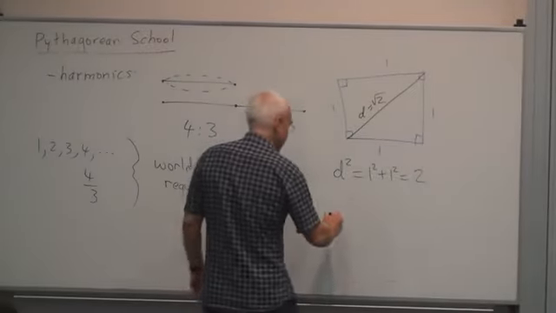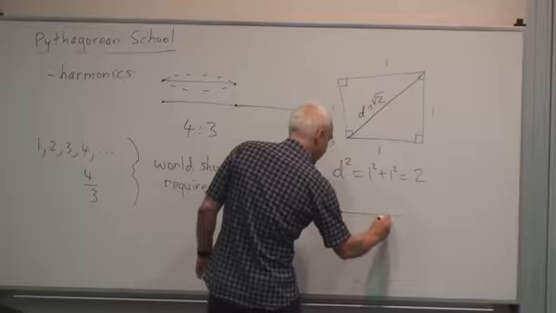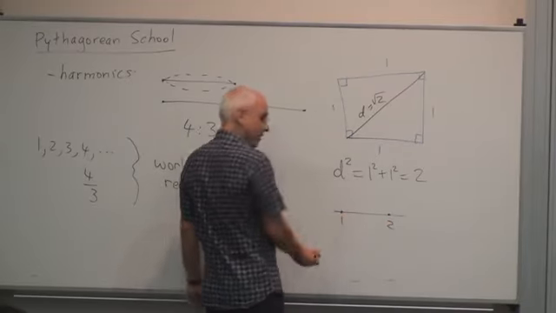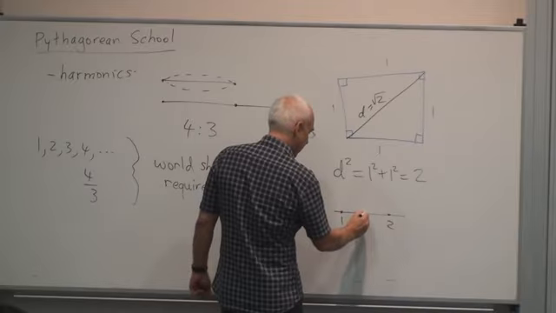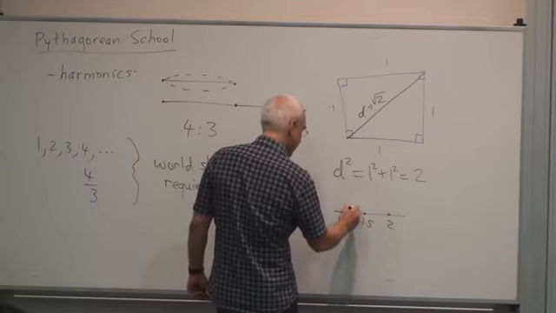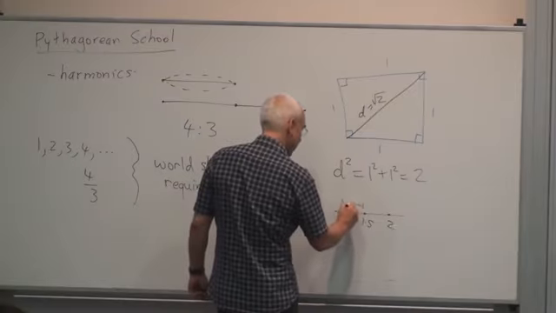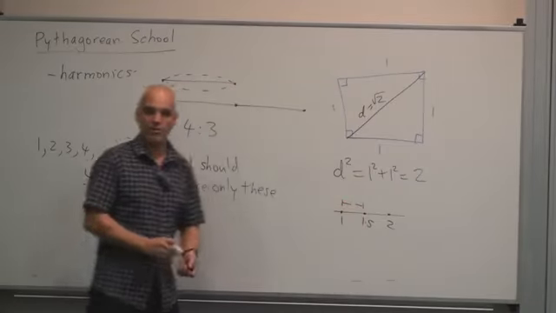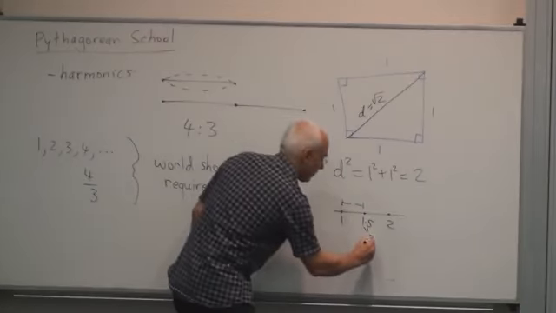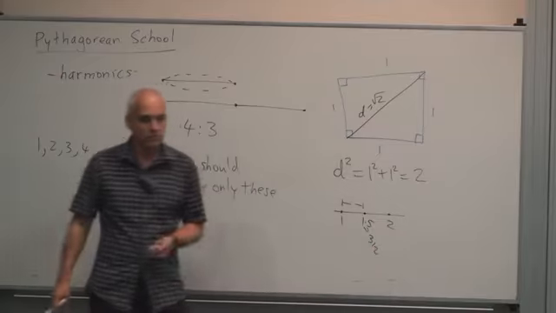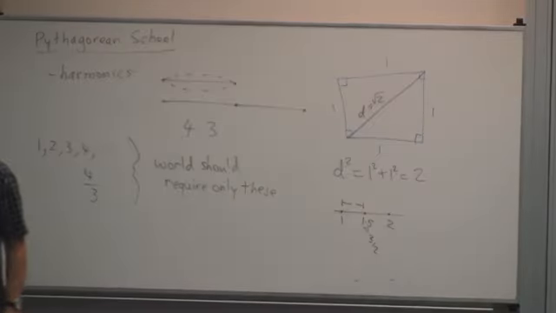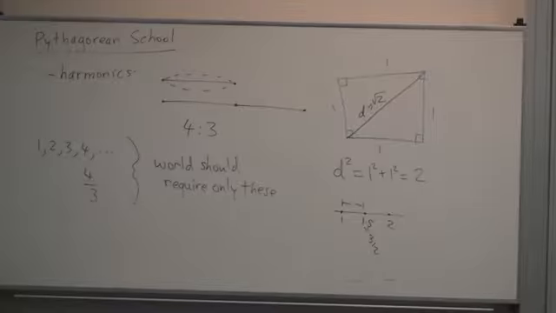Well, where is d? So if that's 1 and that's sort of 2, then d should be bigger than 1, but less than 2. And it's not too hard to see that it's got to be somewhere in this range, somewhere between 1 and 1.5, 1.5 being 3/2. And at first, they probably just assumed that d could be expressed as a fraction.